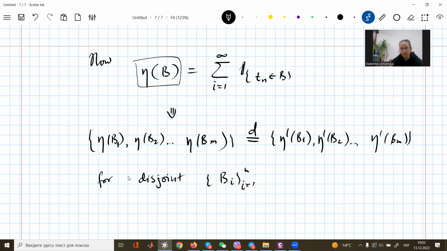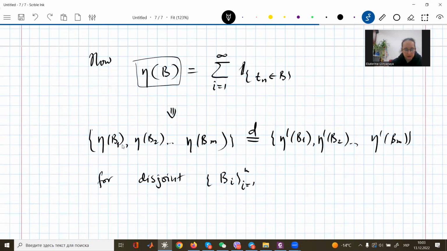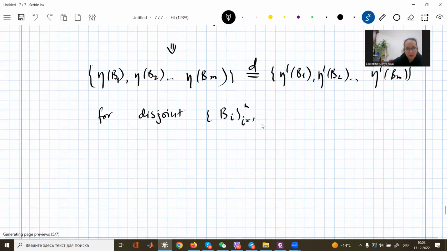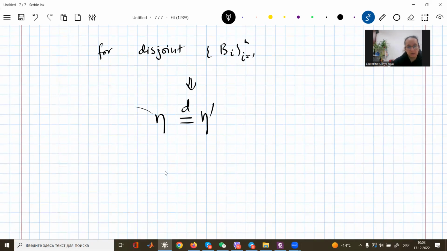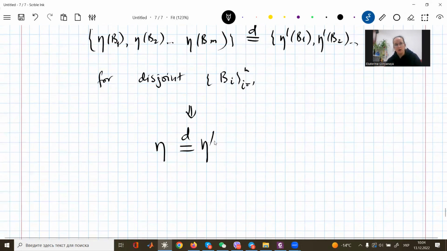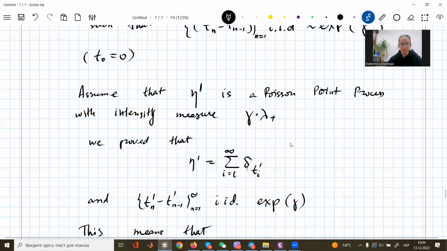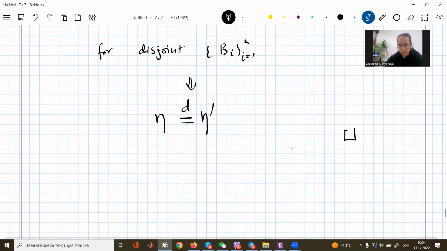So we have the equality of such so-called finite dimensional distributions for point processes. And here we use the theorem that we proved on the third lecture, that from this we get that two point processes coincide. So this means that eta is indeed a Poisson point process with intensity gamma. So that's the end of the proof.